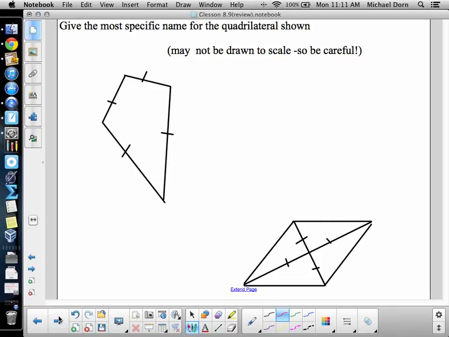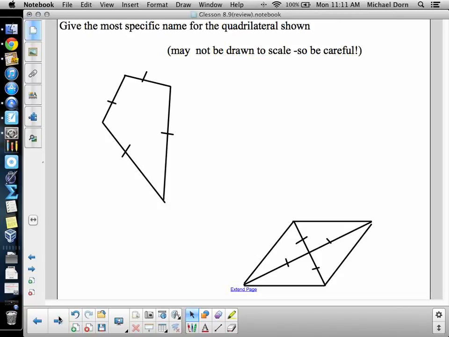Give the most specific name, not necessarily drawn to scale. What is this first shape? It is a rhombus. Okay? How about this one down here? It's a tricky one. Close, not quite. No one's guessed it yet.